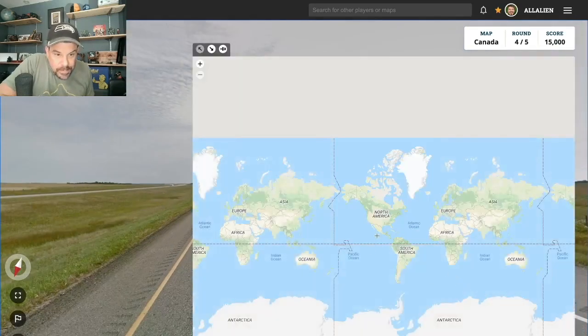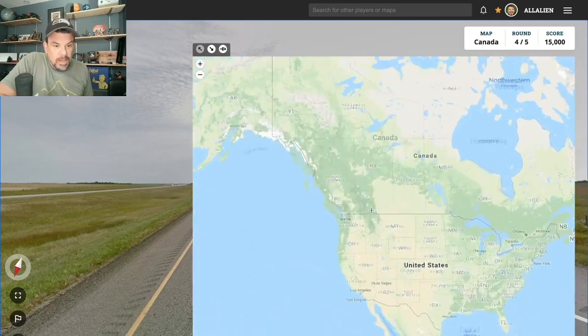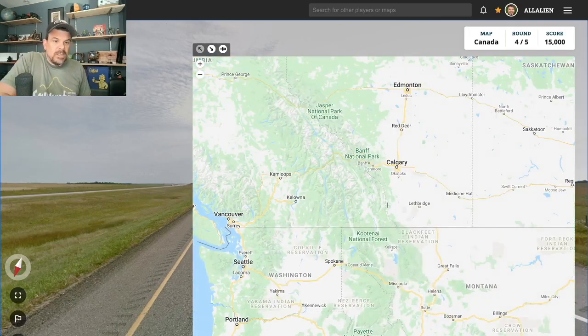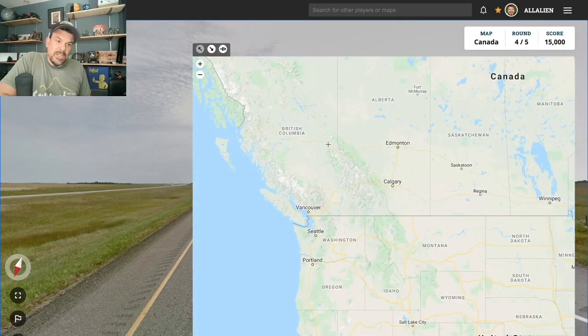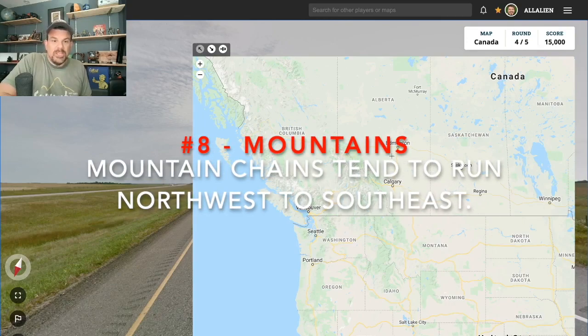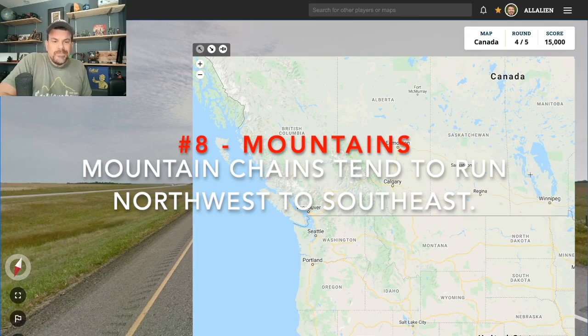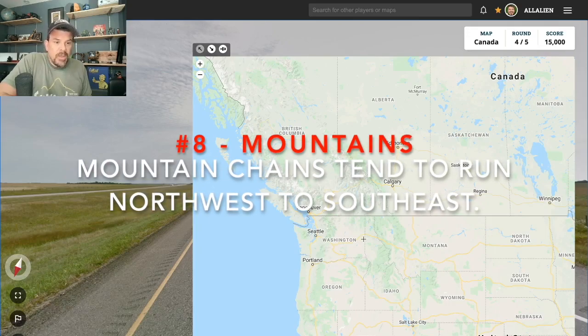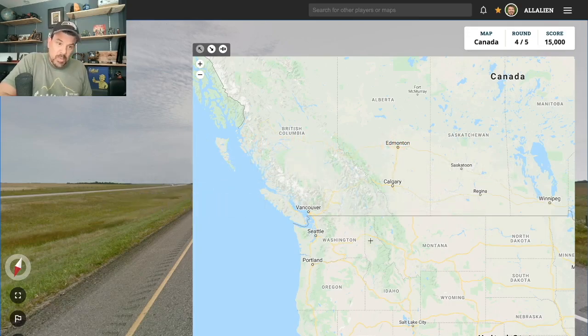So, the Rockies form the spine between British Columbia and Alberta. This is the prairies, this whole region. And there are additional mountain ranges running primarily north south, but with a bit of a tilt to the west throughout British Columbia.